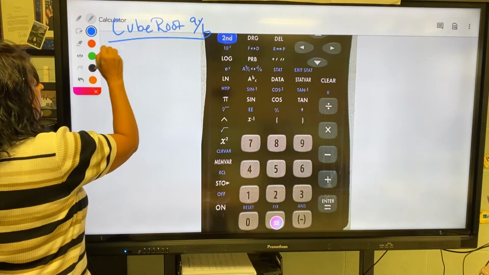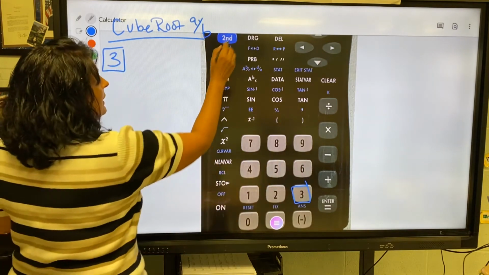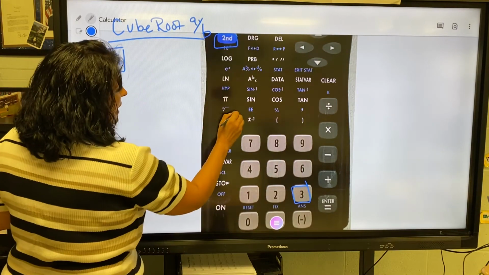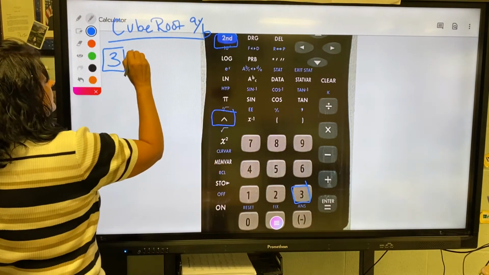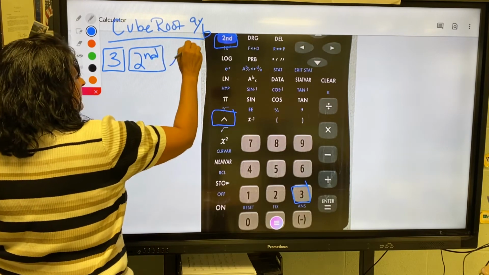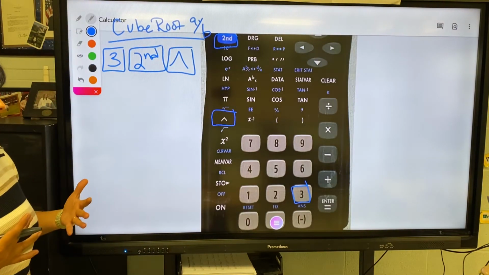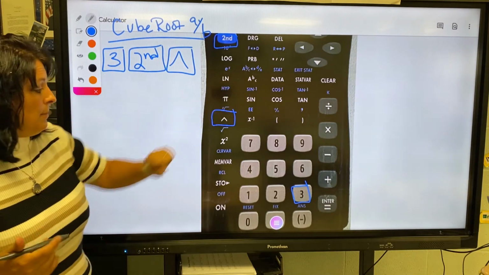So I'm gonna hit the 3. I'm gonna hit the second and the caret. And then when I use the fraction part, I'm gonna use this ABC button.